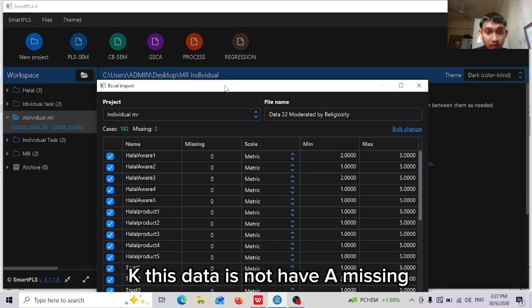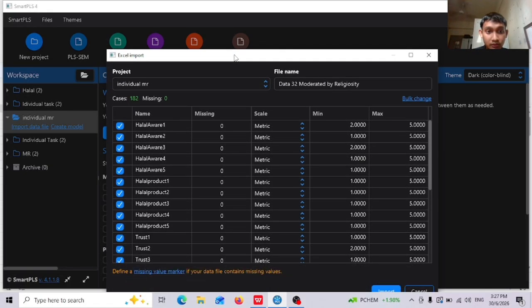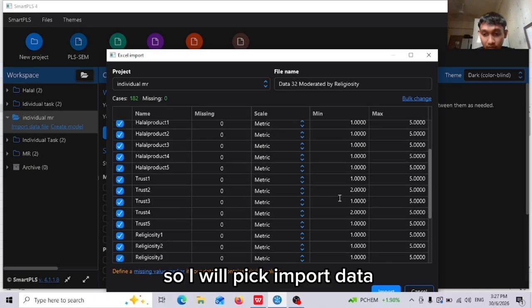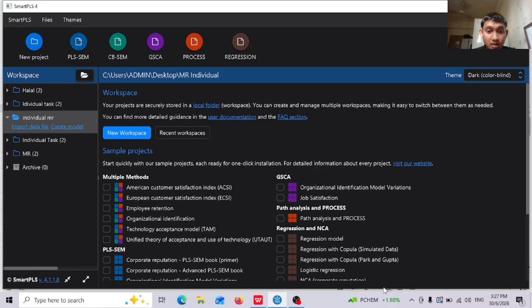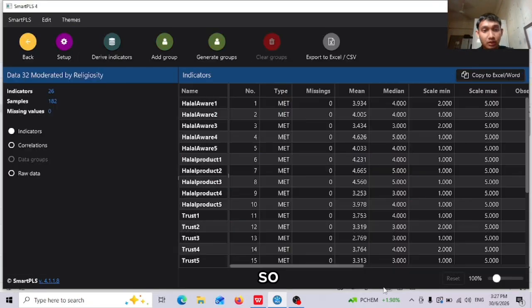This data has no missing values, so I click import data. These are the indicators.